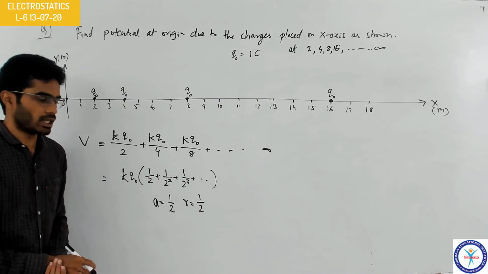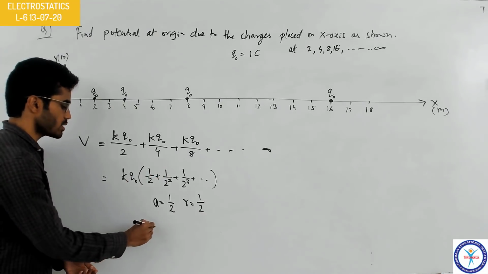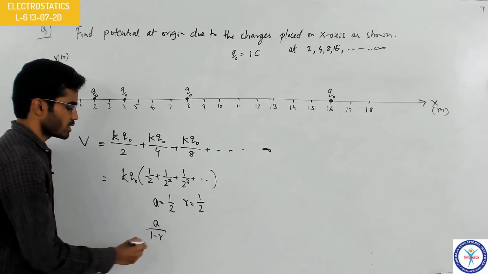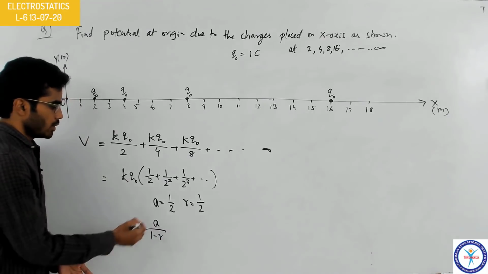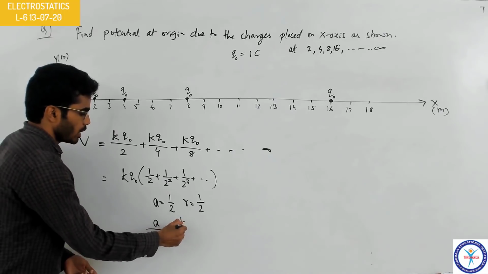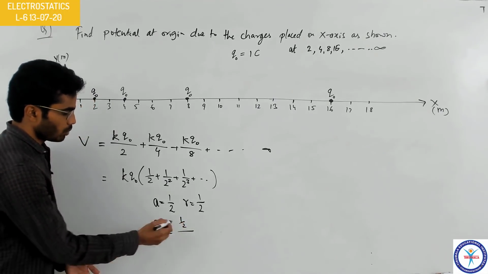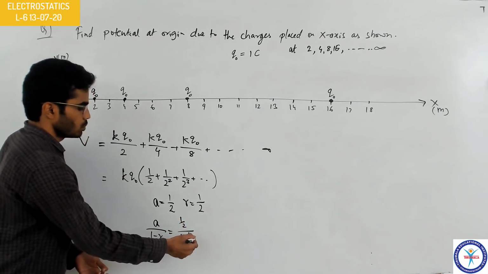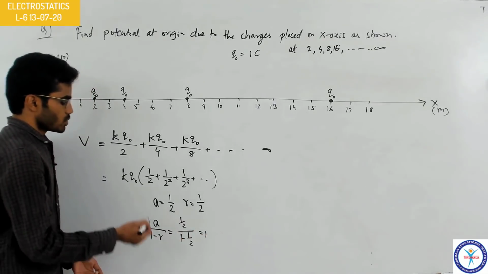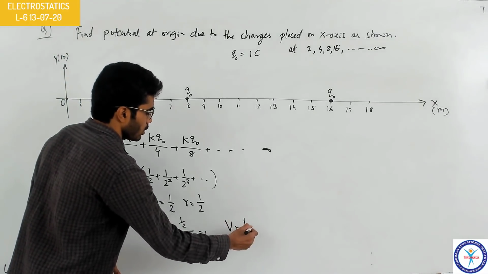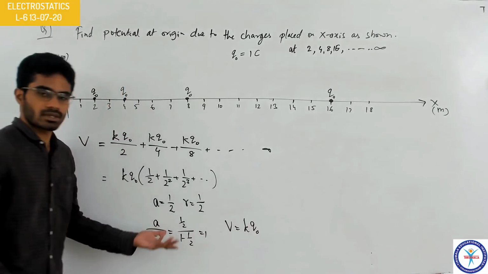If the sum is up to infinity, we know it is a by 1 minus r. So this is half by 1 minus half, that gives you 1. So the potential here would be kq naught by 1, kq naught.